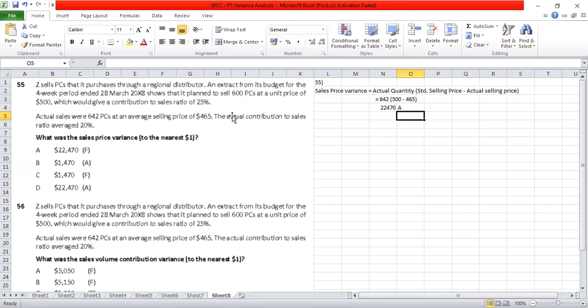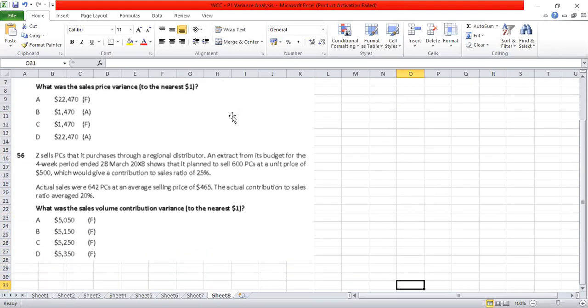The selling price, they were able to sell it at 465. When they decided to sell it at 500, they were able to sell it only at 465. So on that note, we see that it is an adverse variance. Next, question 56. The next one is about volume variance.